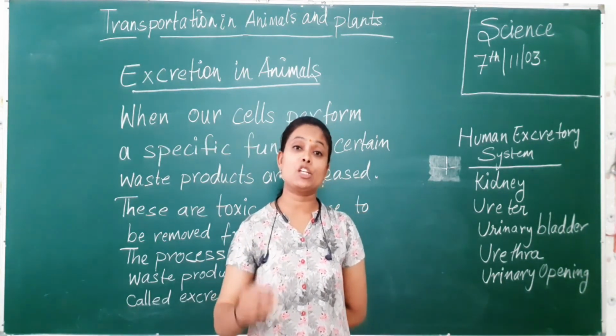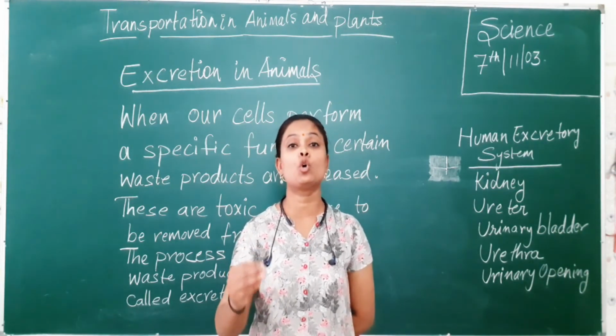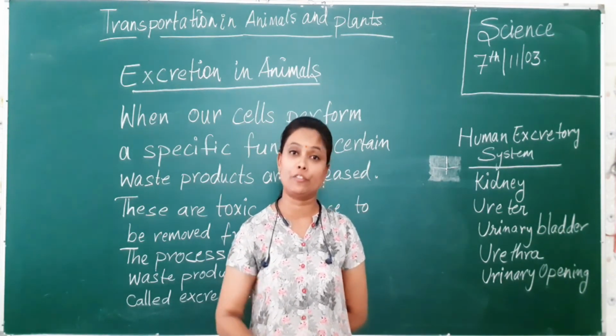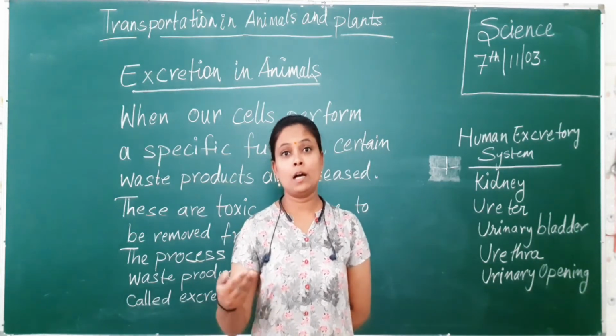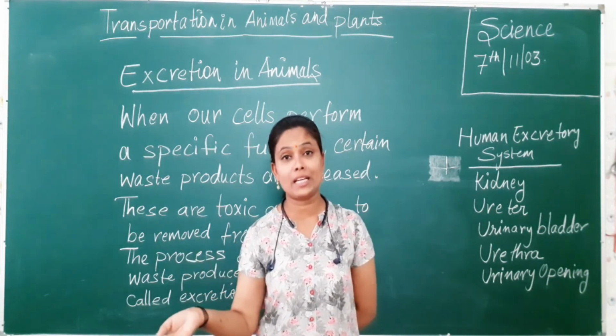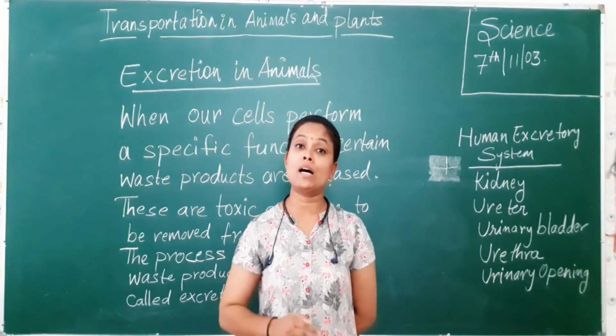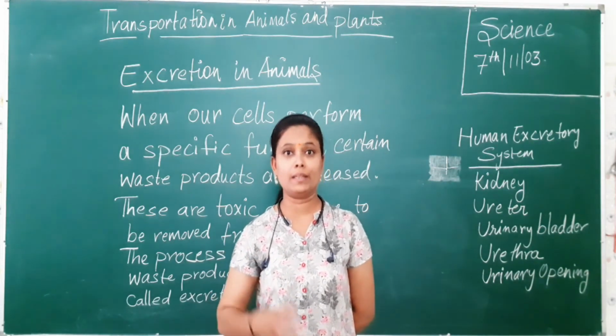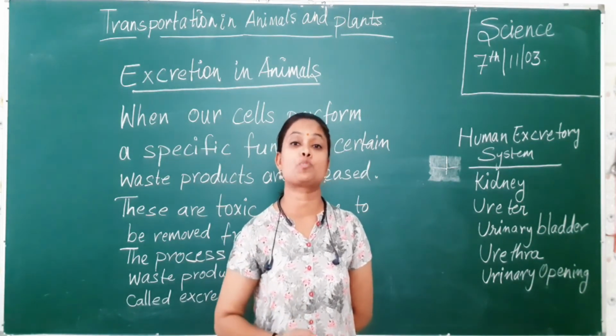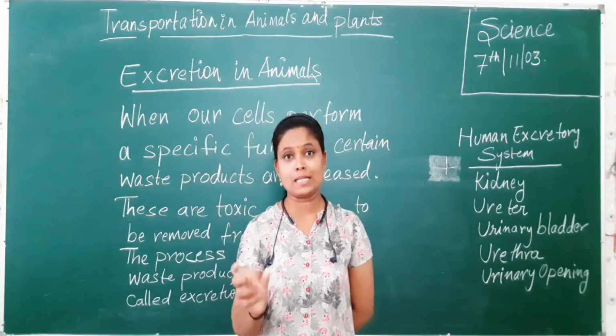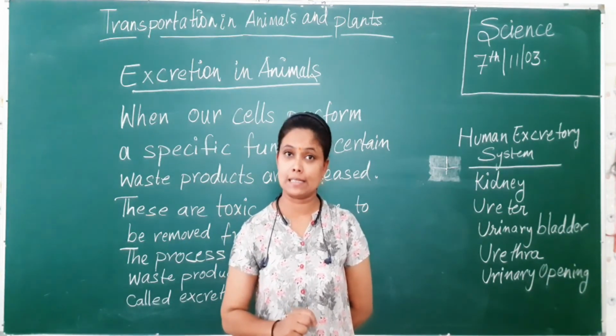In that condition, the patient has to go at regular intervals of time, depending on the age criteria, to the hospital for filtering the blood, and that process is called dialysis.